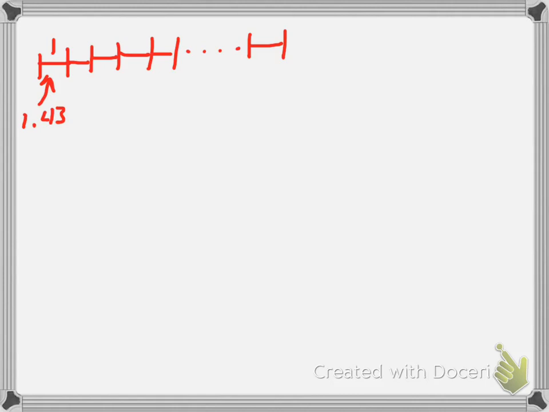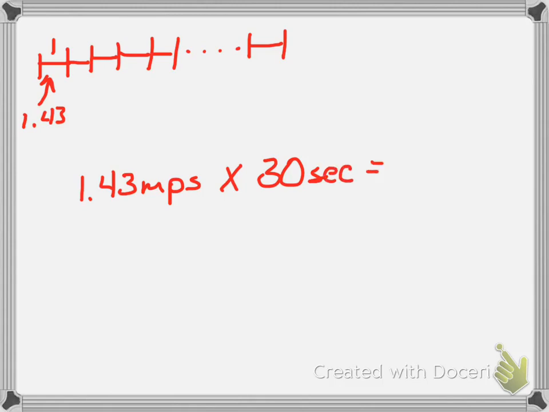Now I don't want to do that 30 times, but I do know that repeated addition is multiplication. So if I multiply my 1.43 meters per second times 30 seconds, I'm going to end up with 42.9. And since I said how far could I walk, that's going to be in meters. So 42.9 meters is how far I could go in 30 seconds at my walking rate.